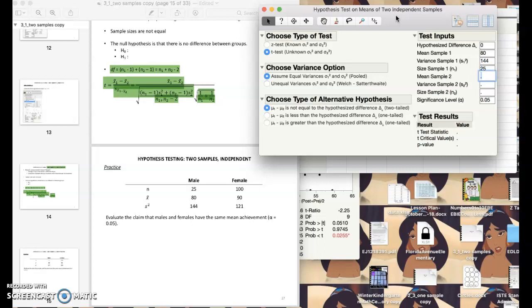So put your 0 here. First mean sample 80, first variance, sample size, and second mean, second sample size, second variance. Then significance level. Okay, that's it. That's the answer.